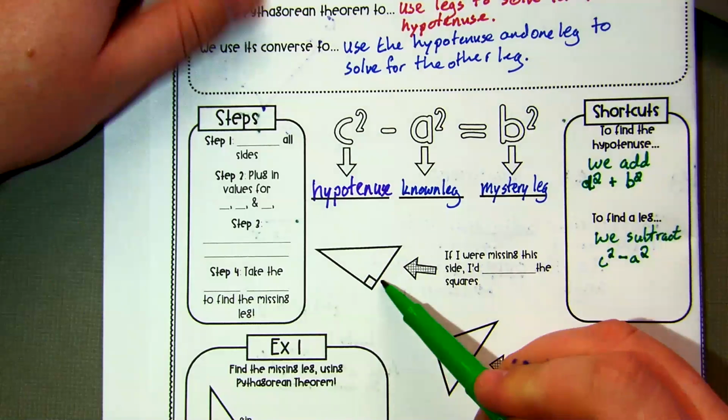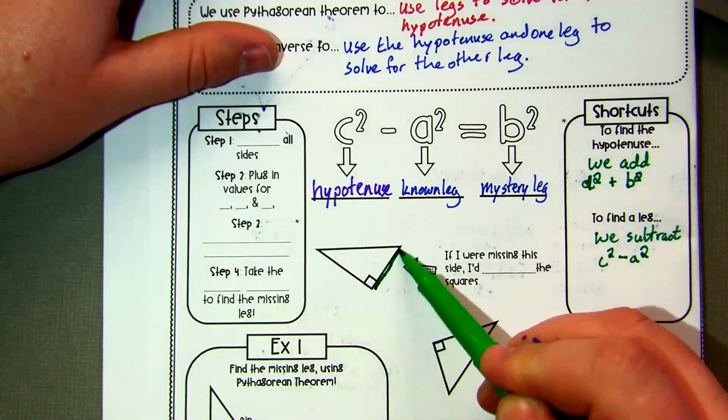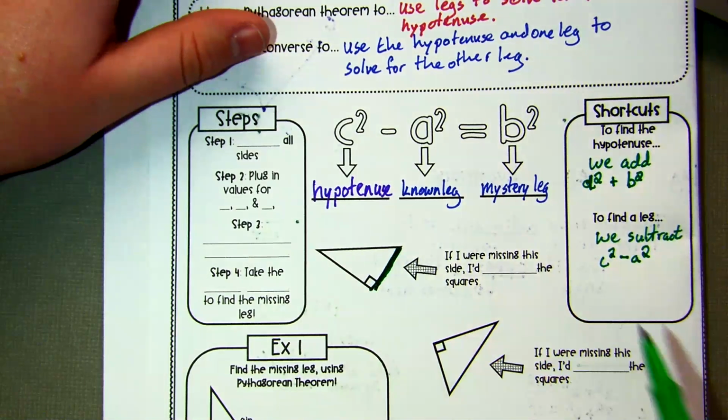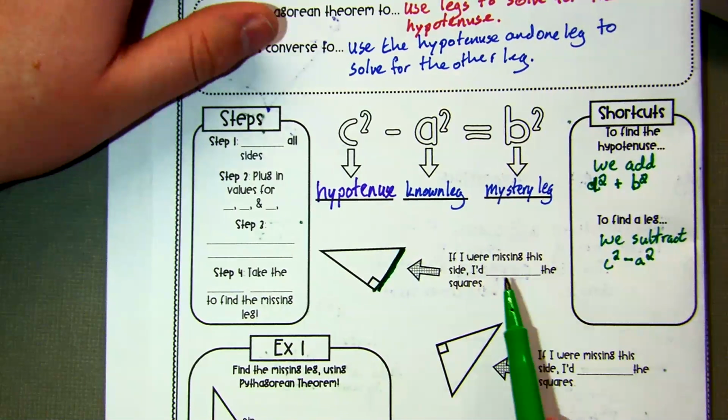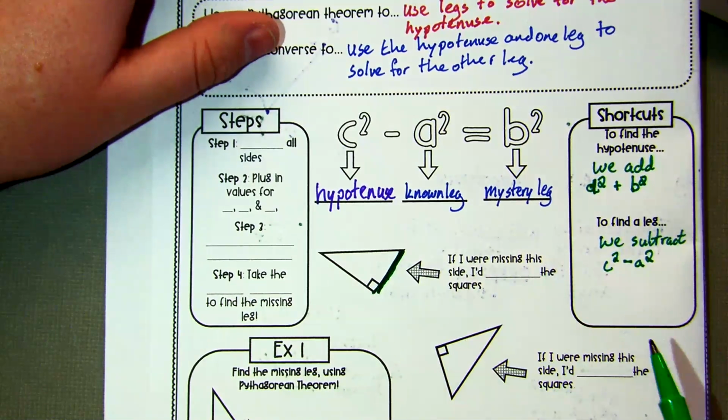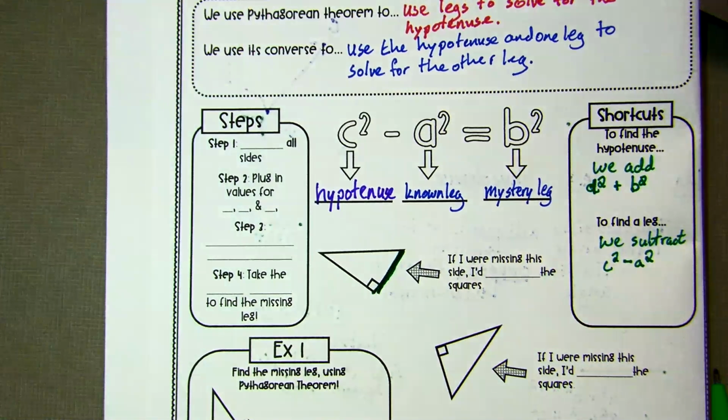Looking at my triangle down here, if we're missing this leg length, what are we going to do with the squares? Are we going to add or subtract them? Feel free to message it in the chat or shout it out. Awesome. Yeah, very nice.